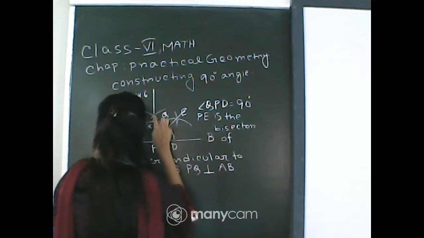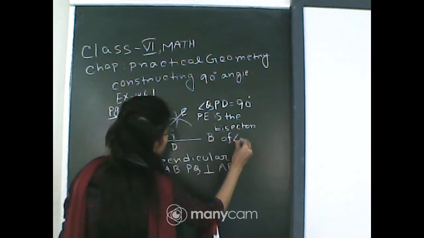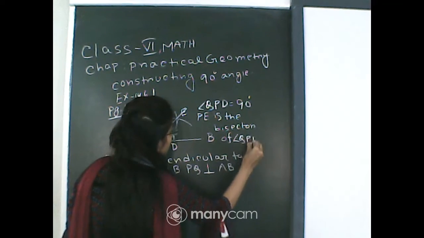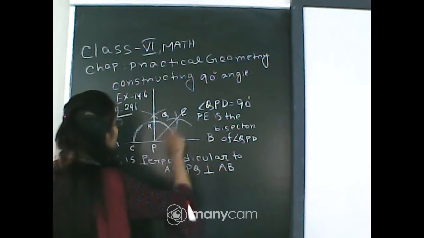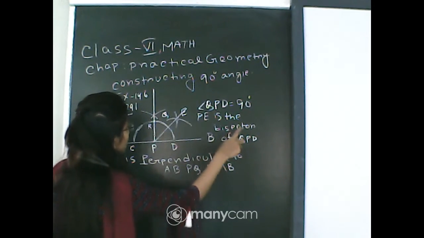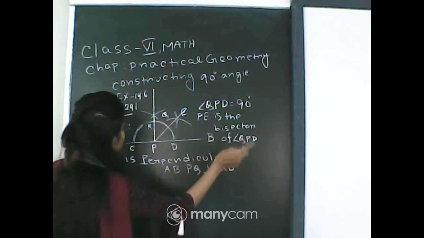angle QPD, clear. PE, the line PE is the bisector of angle QPD.